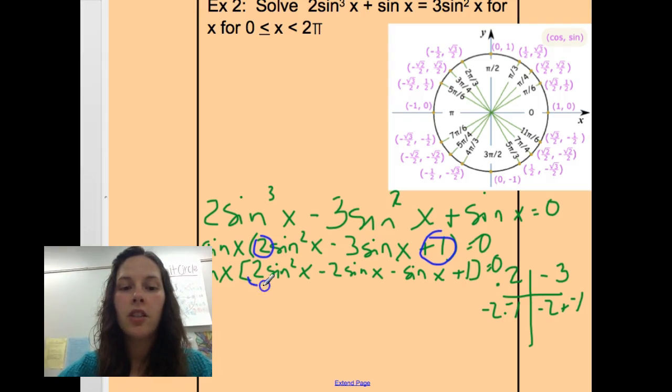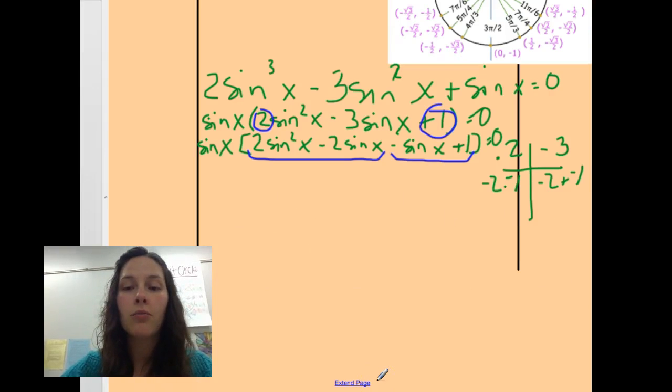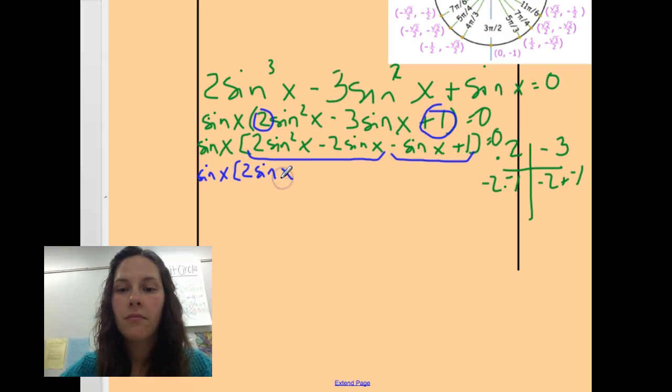So we're going to pull out the GCF from our first 2 terms, and then we'll find the GCF from our second 2 terms. Again, keeping our original GCF of sine x, and then the GCF for our first 2 terms is 2 sine x, leaving us with sine x minus 1.